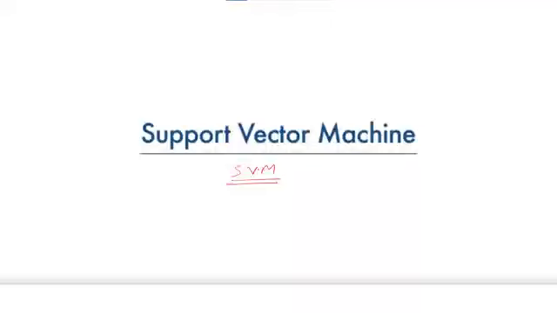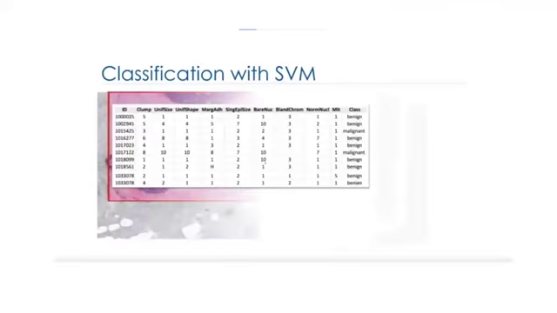This is one of the most sophisticated algorithms. If you are aiming for higher accuracy, then you can go with this particular algorithm. But again, there is a trade-off you have to take. Though it will give you better accuracy, the explainability would be very minimal in this particular algorithm. So let's understand how it works.